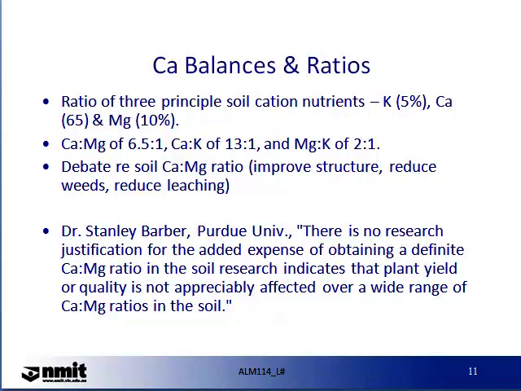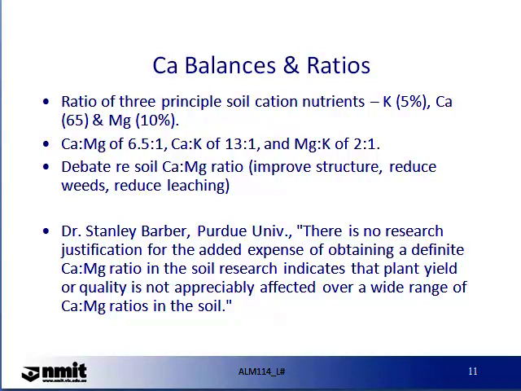For many years there have been a few people who claim that there is an ideal ratio of the three principal soil cation nutrients, calcium, potassium and magnesium. This concept probably originated in New Jersey by work by Bear in 1945 that projected an ideal soil as one that had the following saturations of exchangeable cations: 5% potassium, 65% calcium and 10% magnesium, and 20% hydrogen.